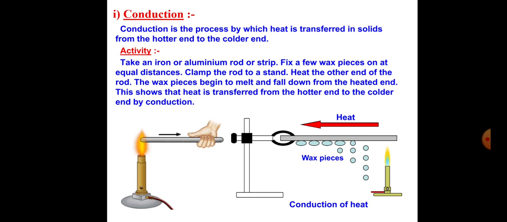Take an iron or aluminum rod or strip, fix a few wax pieces on it at equal distances, clamp the rod to a stand, and heat the other end of the rod. The wax pieces begin to melt and fall down, starting from the heated end. This shows that heat is transferred from the hotter end to the colder end.